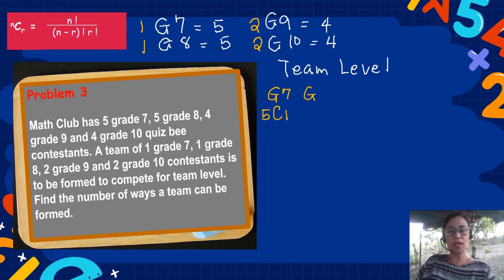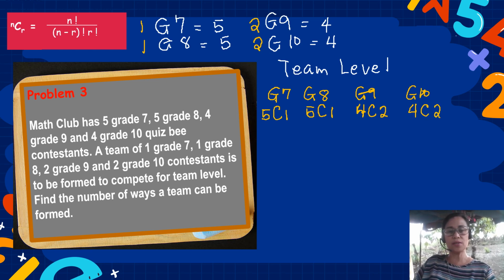For grade 8, one participant as well out of 5, so you have 5C1. But with grade 9, we need 2, so it's going to be 4C2. And then grade 10, 2 also, 4C2.